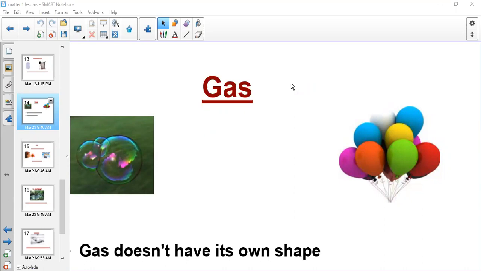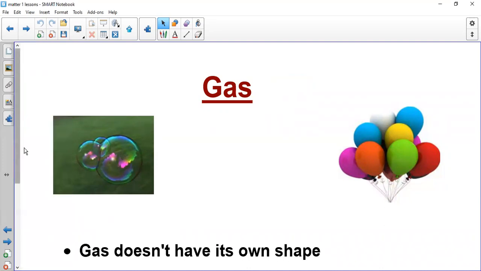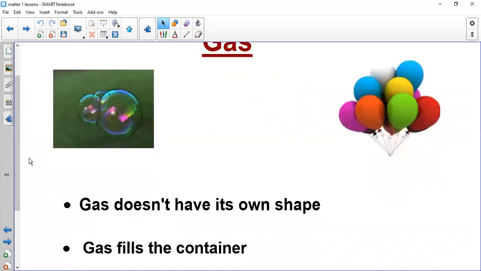Gas also doesn't have its own shape, and gas fills the container. Gas spreads out everywhere.